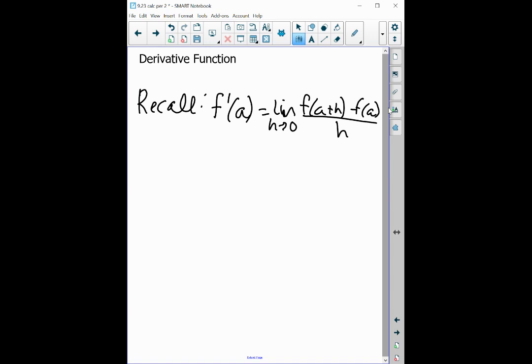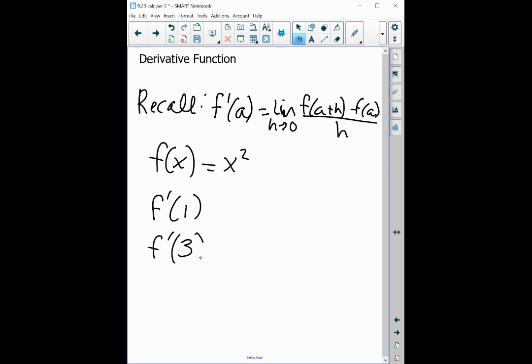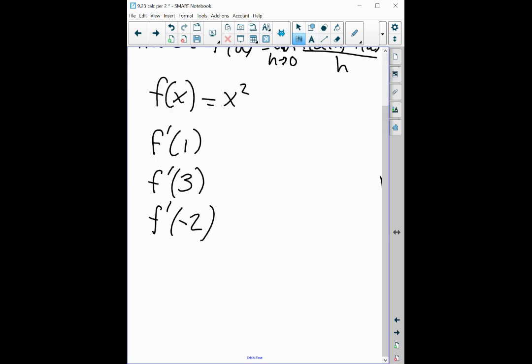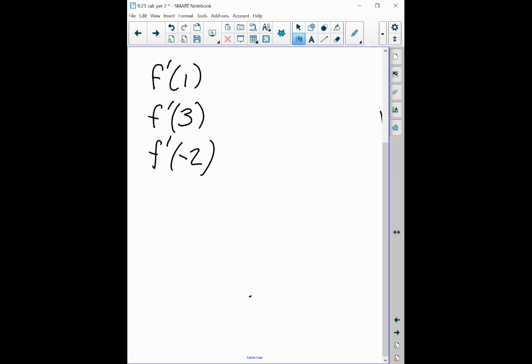But if I gave you a function like x squared and said find the slope at 1, find the slope at 3, find the slope at -2, you would have to do the definition of the derivative over and over again, which doesn't seem efficient. So what if we can come up with a rule that would calculate the slope of x squared at any point we want?